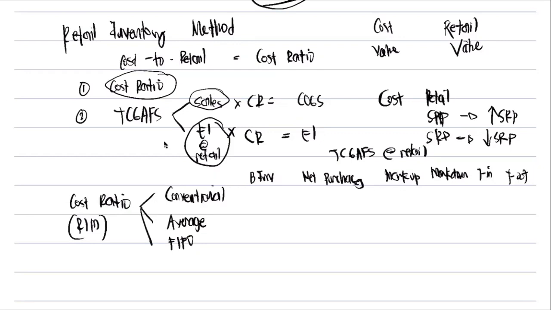Markdown, any subsequent decrease on your suggested retail price. Next, we have your transferred in. What is this transferred in? That is the portion of inventory transferred to our department. So any inventory that is transferred to our inventory is called transferred in.